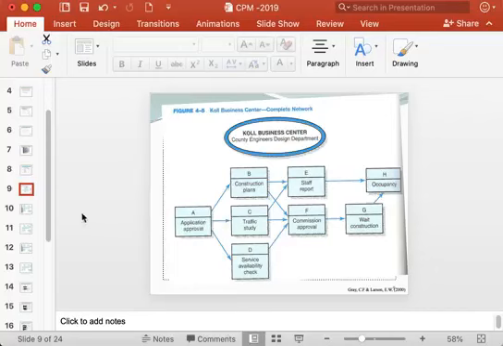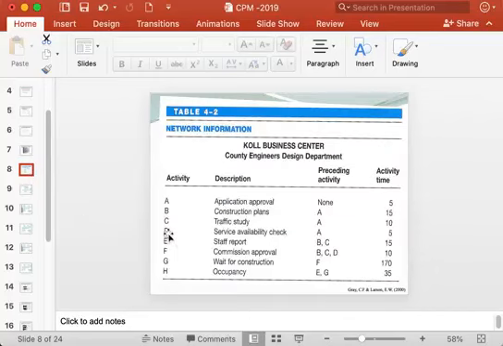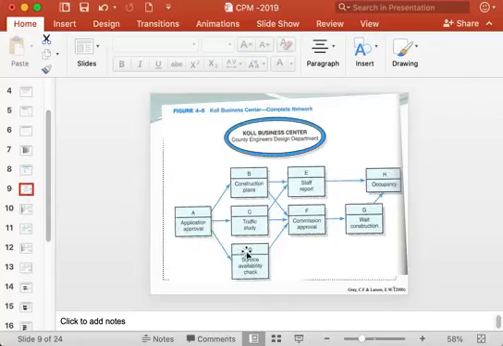Okay, so similarly activity D. For activity D the preceding activity is activity A. That means activity D can start after completing activity A. So again see, this activity D is happening after activity A is completed here.